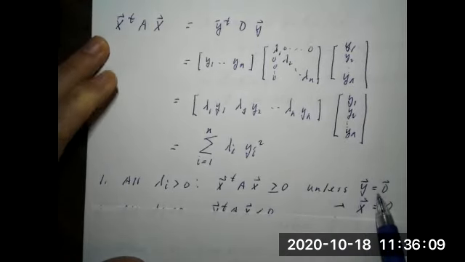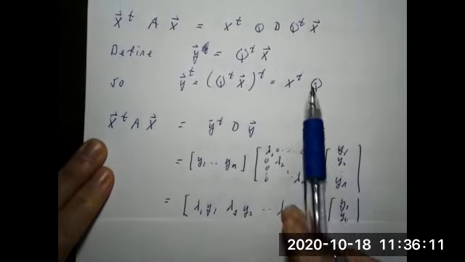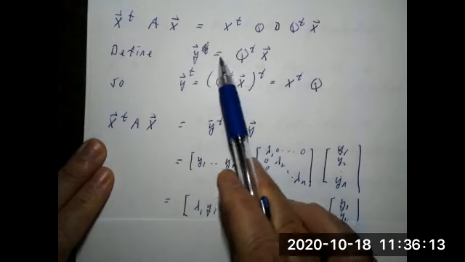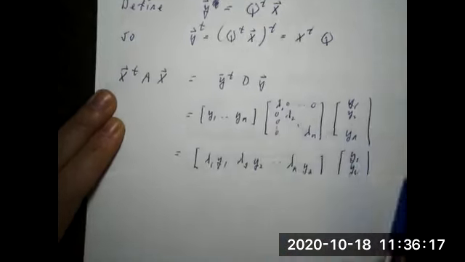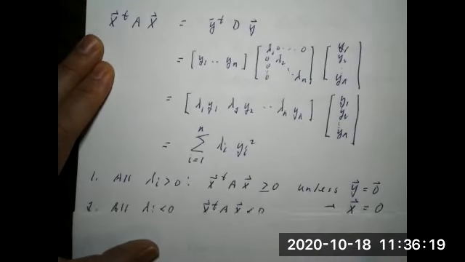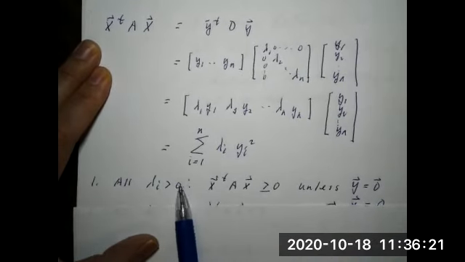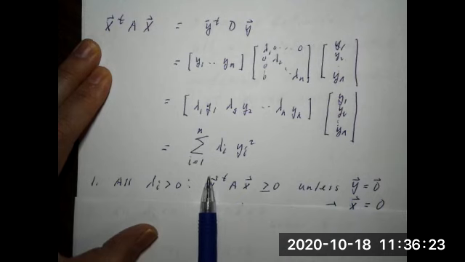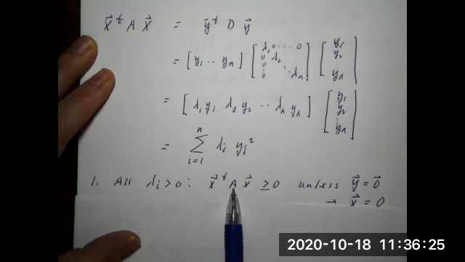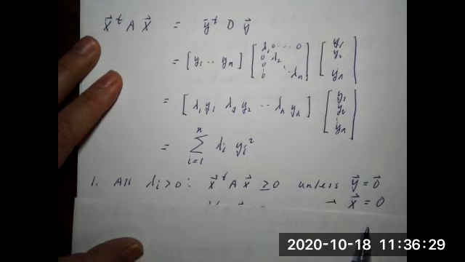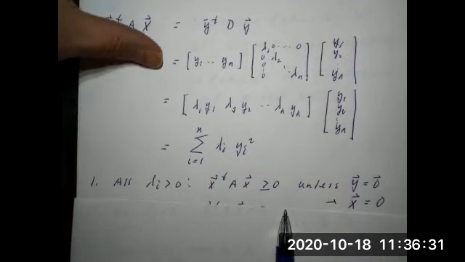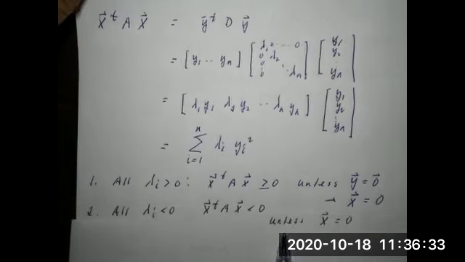But if y is the 0 vector, we could use the fact that Q transpose is invertible and therefore show that x is the 0 vector. So in other words, if all the eigenvalues are greater than 0, X transpose AX would be greater than or equal to 0 unless X is the 0 vector.